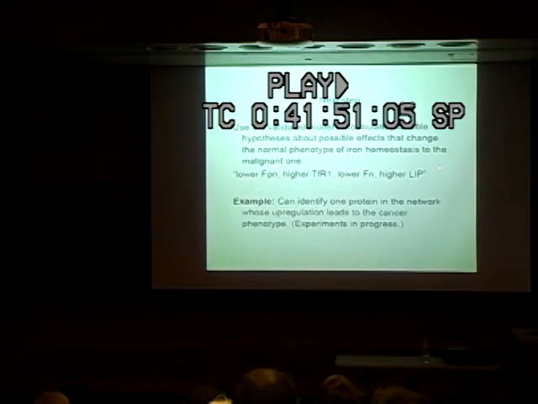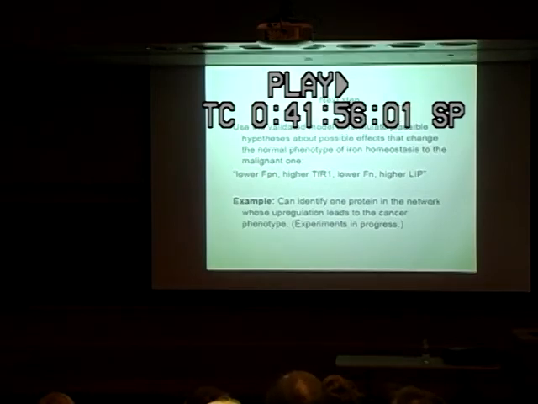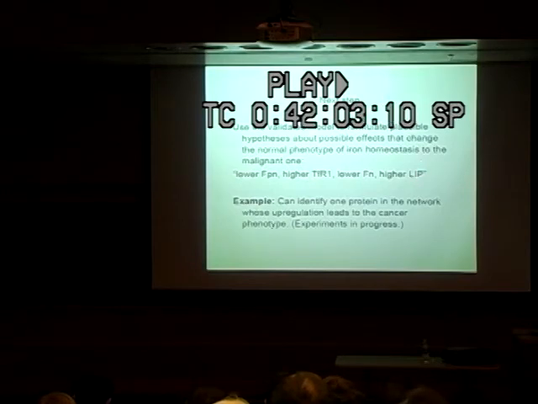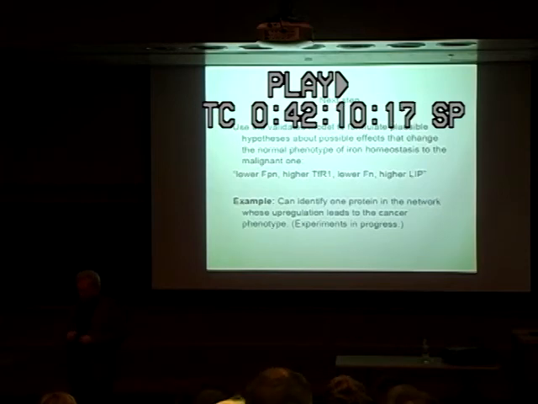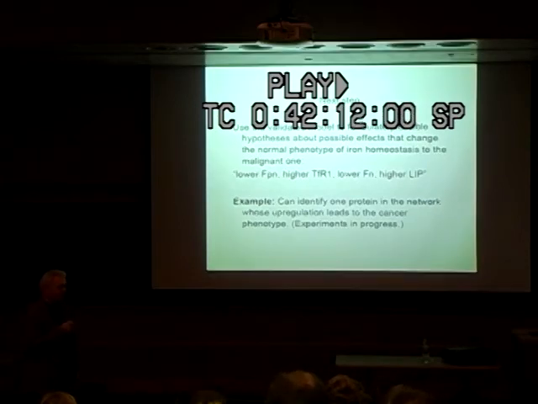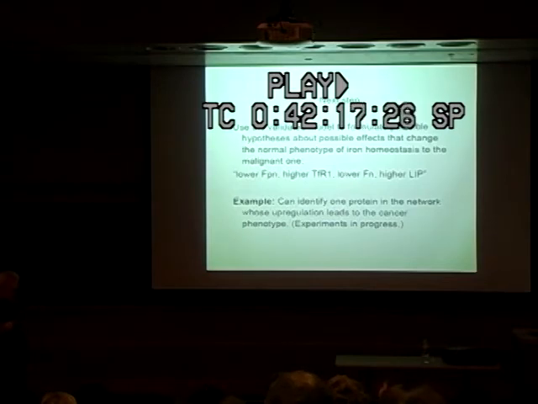What has been observed is that ferroportin is lower, transferrin in the particular cell line that we're looking at, transferrin receptor is up, ferritin is down, the labile iron pool is up. And what we can do with this model is we've identified one protein, and at this point I don't want to tell you which one it is, but we've identified one protein that if you upregulate that, and you can implement this in the model very nicely, basically you increment the values in your transition tables.